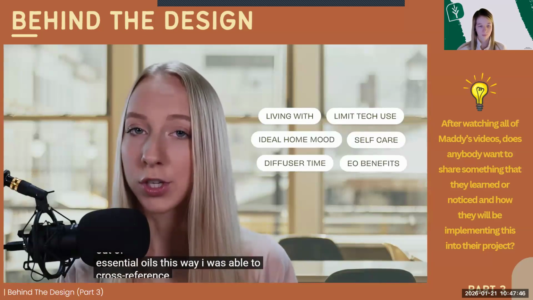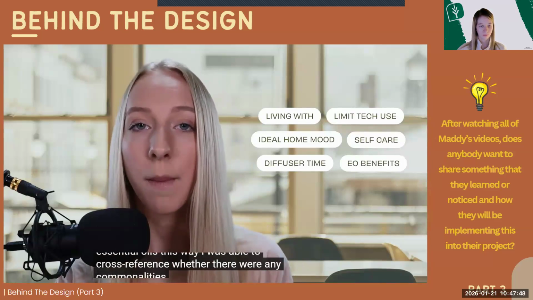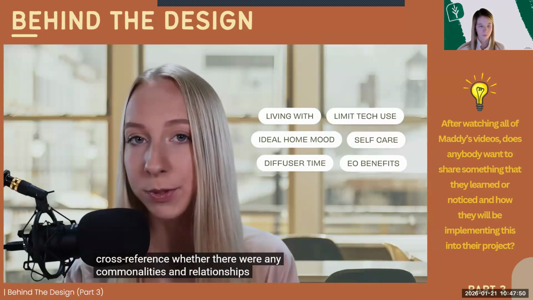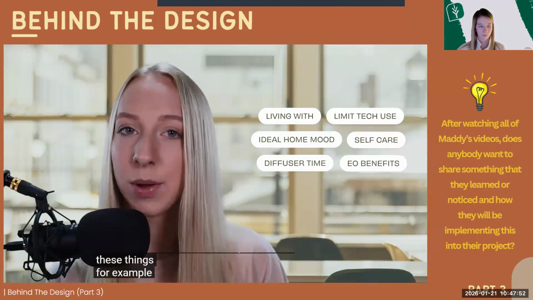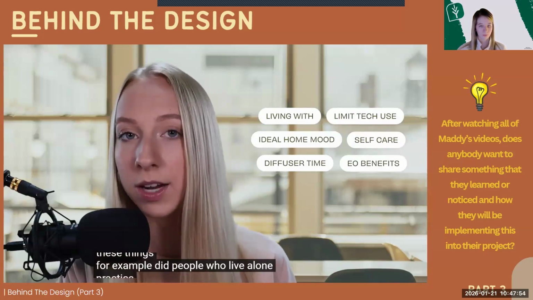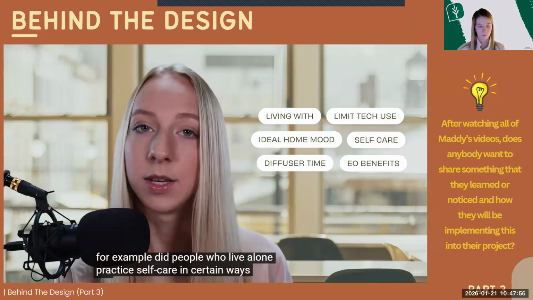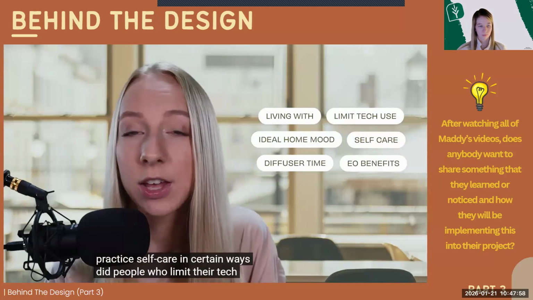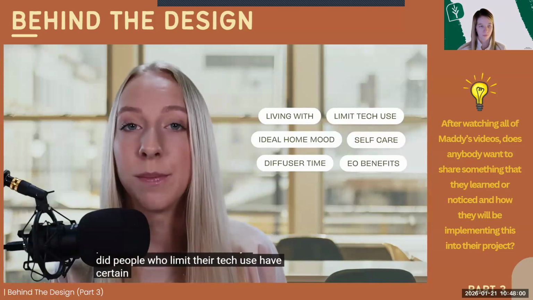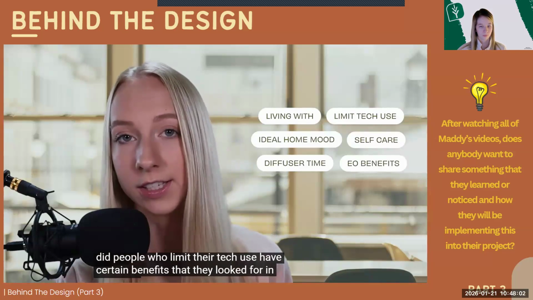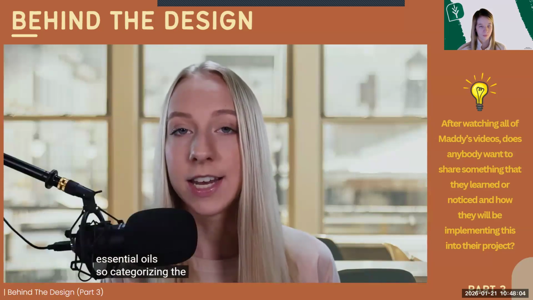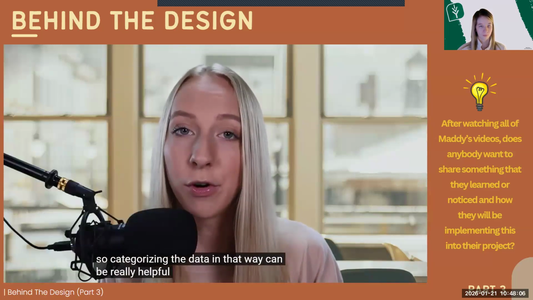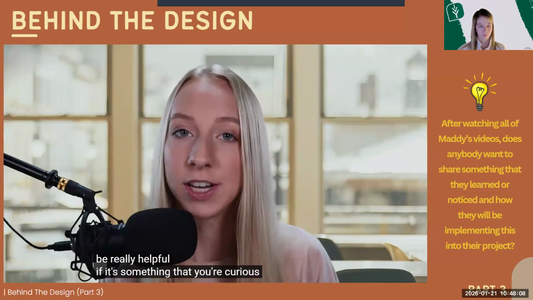This way I was able to cross-reference whether there were any commonalities and relationships between these things. For example, did people who live alone practice self-care in certain ways? Did people who limit their tech use have certain benefits that they looked for in essential oils? So categorizing the data in that way can be really helpful if it's something that you're curious about.